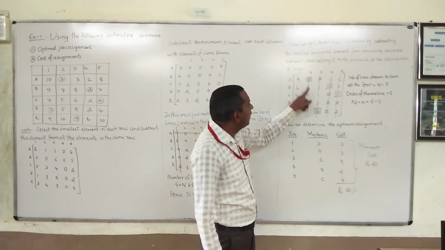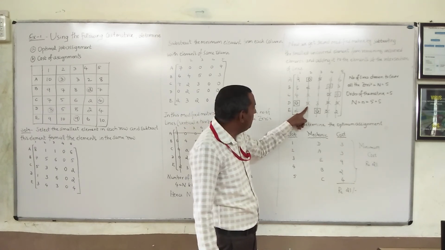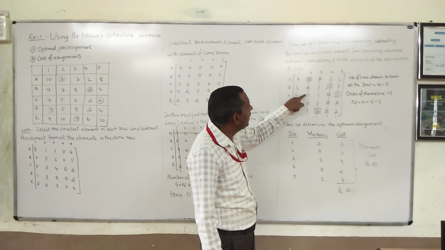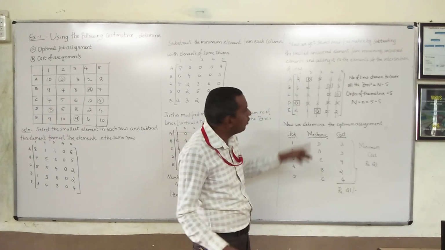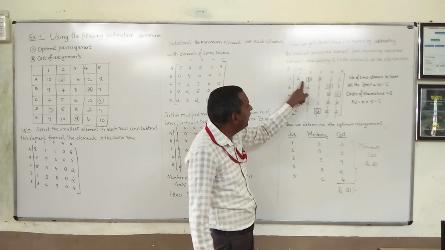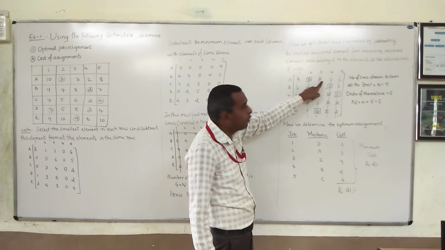Now this is done. Come here, this zero is available, but I will go with this one. The remaining 2 zeros are also crossed off, and in the respective row this zero is also crossed.